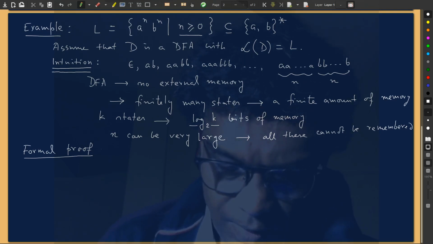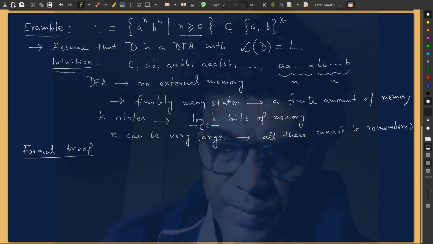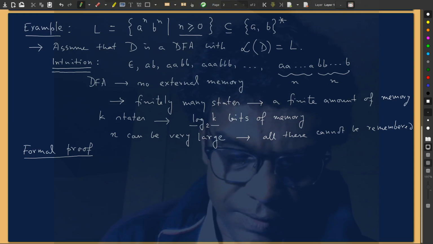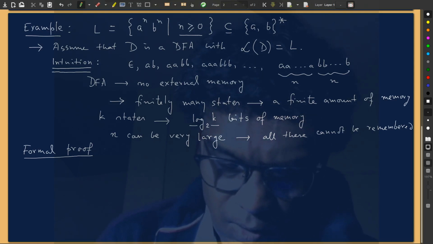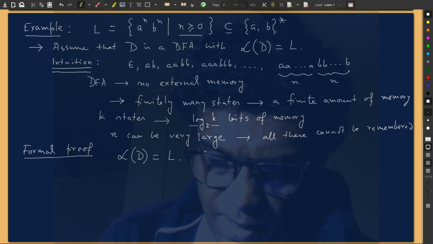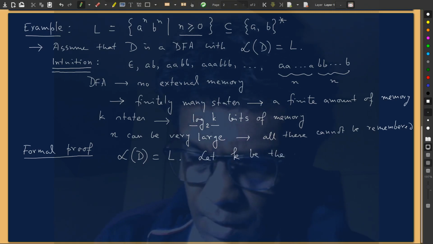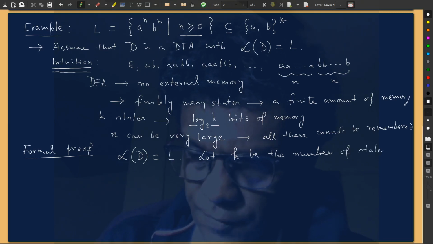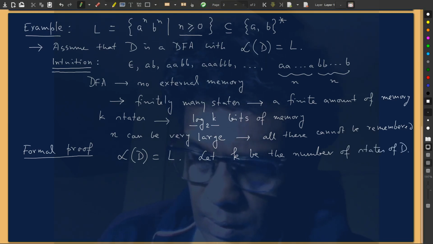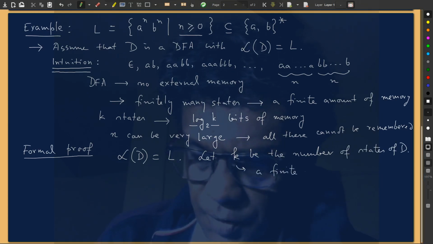Once again, assume that there exists a DFA D whose language is equal to L. Let k be the number of states of D. It's a finite quantity, a positive integer.